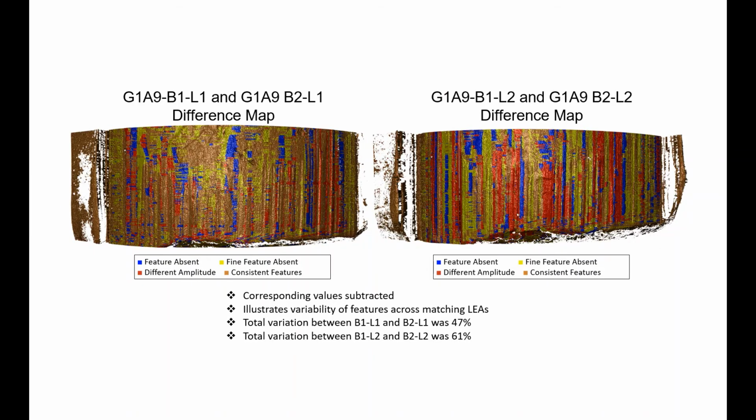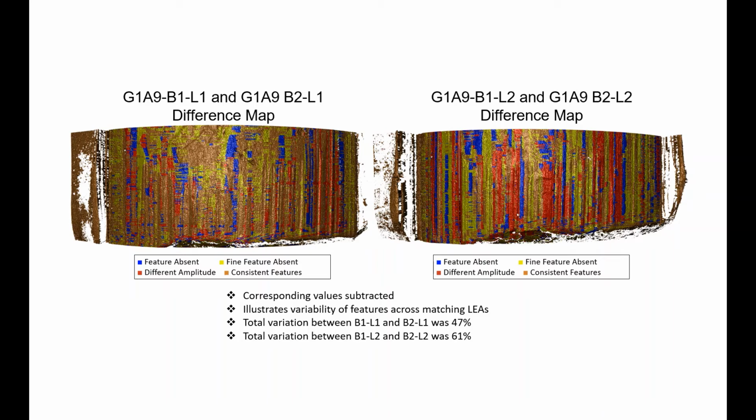The next step after visually comparing them was we calculated the differences between all the maps. So we collected all of the data for all of the amplitude maps, and we wrote an algorithm to determine these differences between the amplitude feature maps and to see how similar matching land engraved areas actually are.